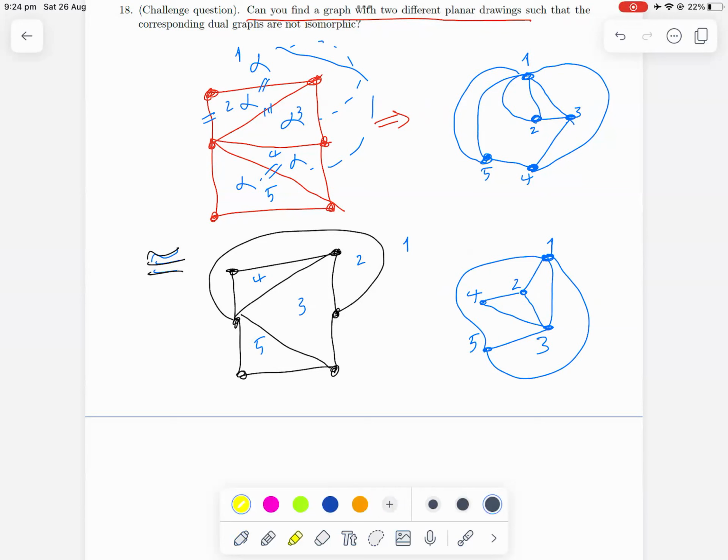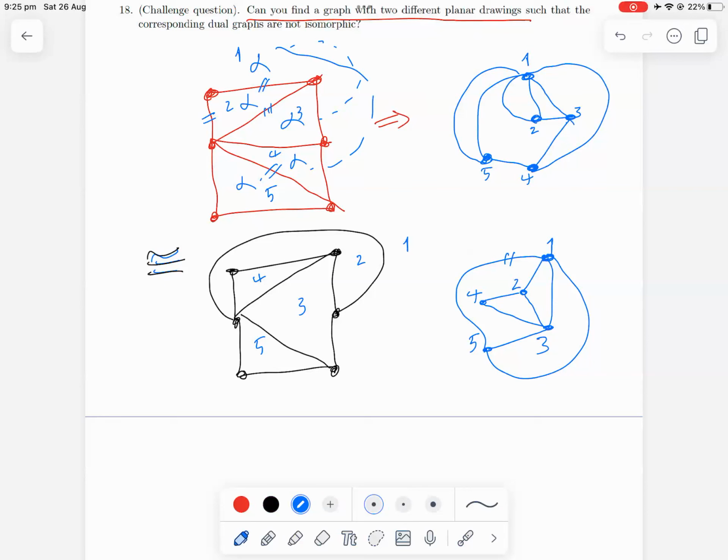isomorphic with this one. So I can see that 1, 2, 3, 4, 5, 6. 1, 2, 3, 4. And 1, 2, 3, 4. So I don't have any vertex which can have like 6 degrees. So this one has degree 6, and this one doesn't have a degree 6. So the other one is like, we can count.